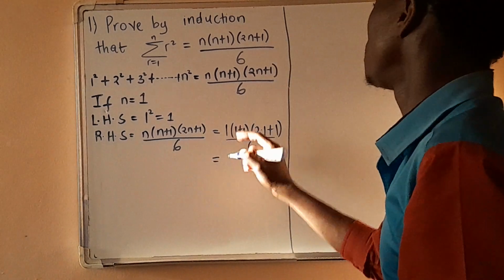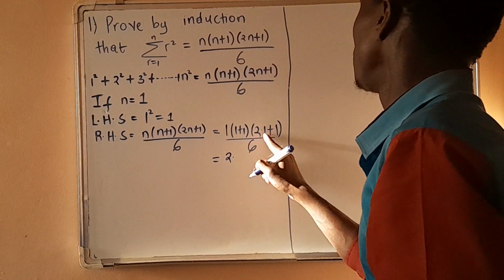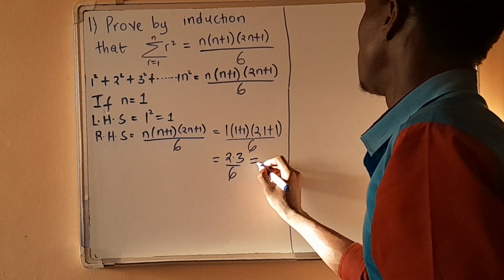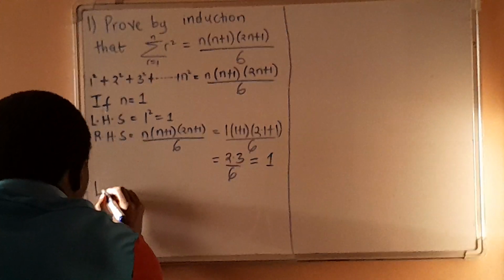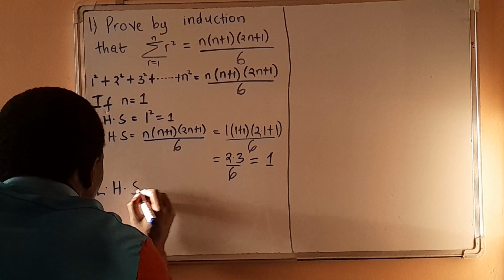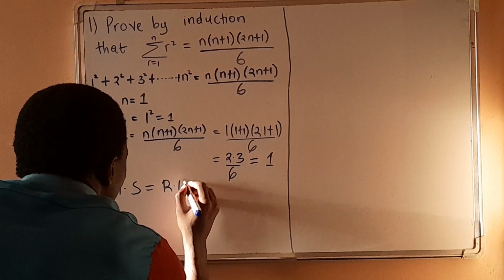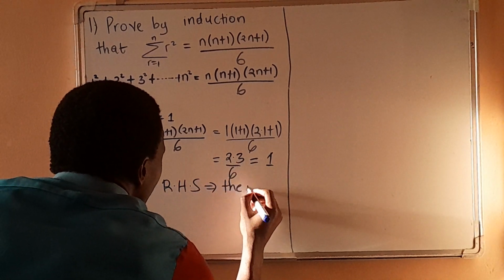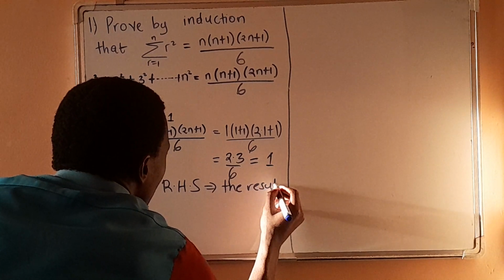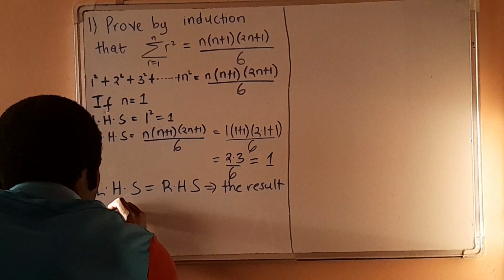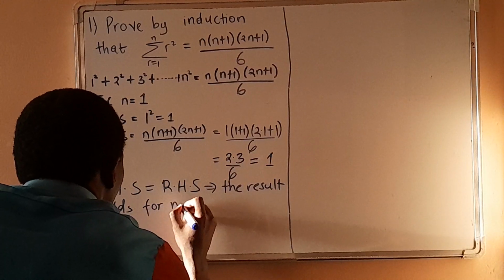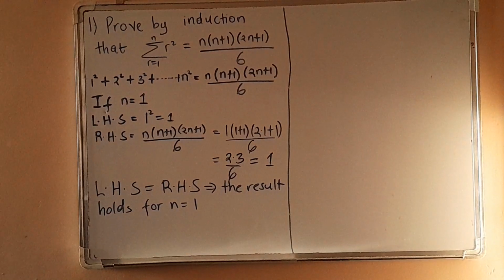So this is 2 times 3 over 6, which is equal to 1. So left-hand side is equal to right-hand side, implying that the result holds for n equals 1.